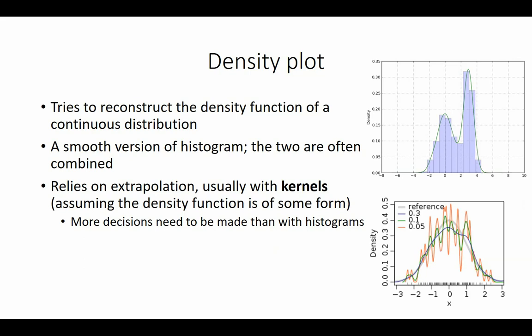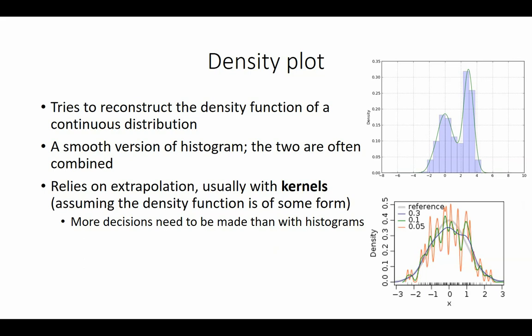This is some kind of function that allows you to make assumptions. So the kind of density that you expect is some function of the samples that you have in its area, using some kind of extrapolation function. For example, we can assume that locally we expect it to be a Gaussian distribution, and then we can do this kind of extrapolation. But we have to make this decision and choose all kinds of parameters before we can do that.